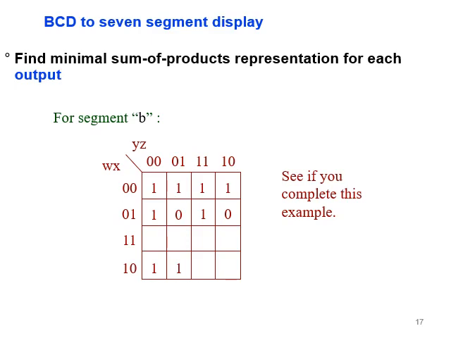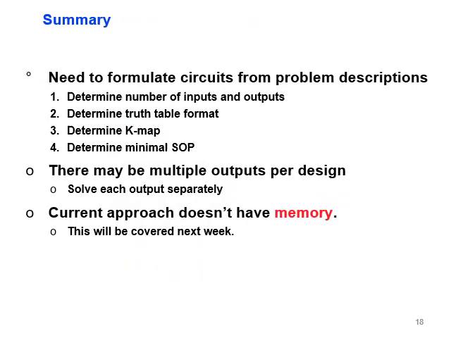And don't forget to cover all ones, and then you come up with the expression which represents segment B. This is an example. Take it with you and try to work on it at home. As I mentioned, part of my role is to explain to you, to discuss with you, to try to facilitate things for you, but you need to practice at home. My advice, try to practice at home.